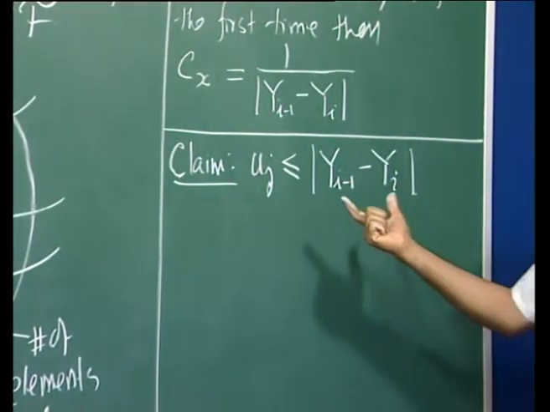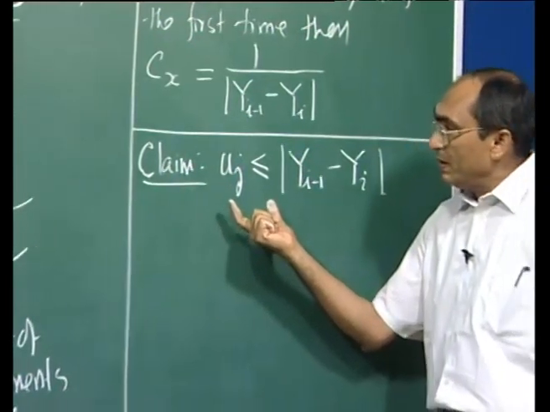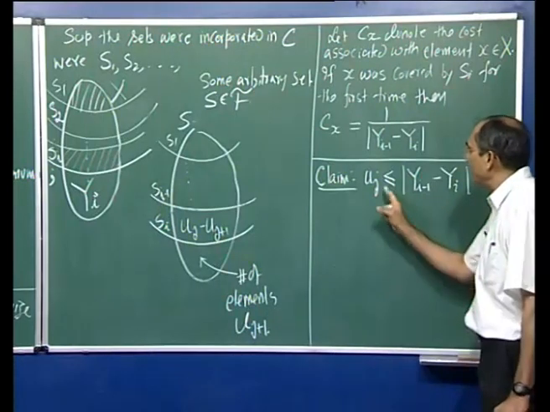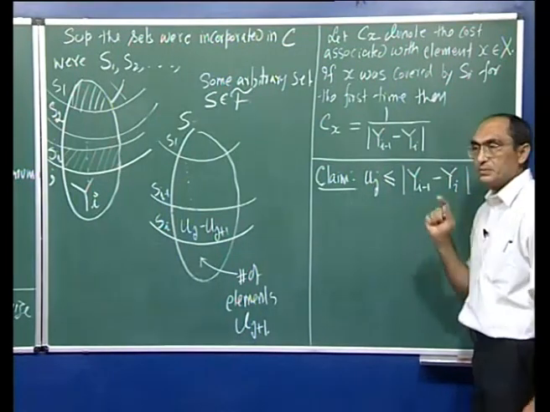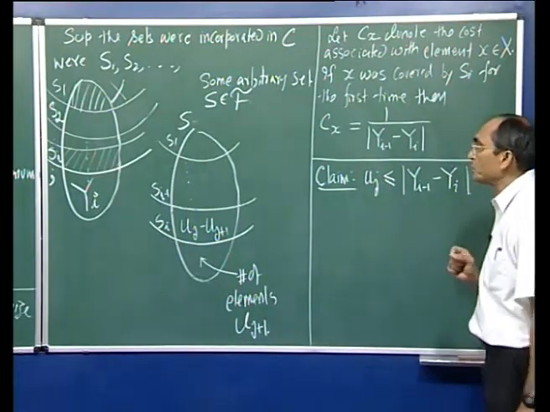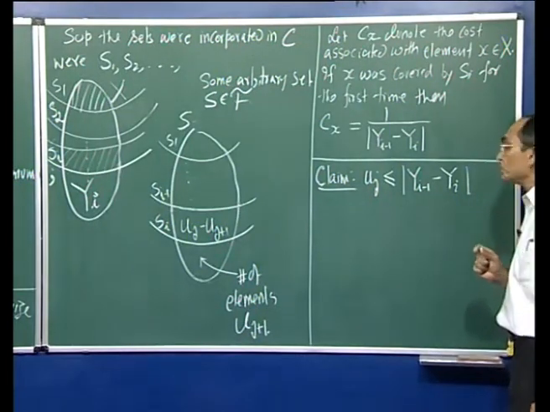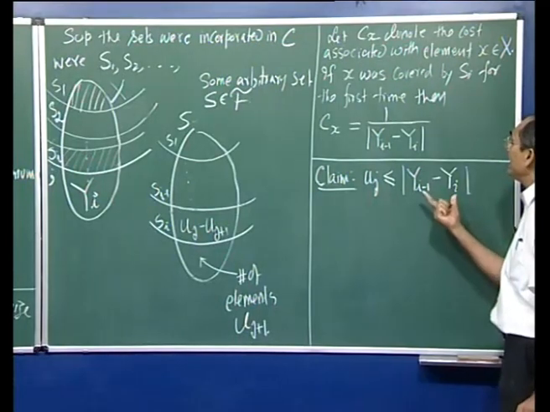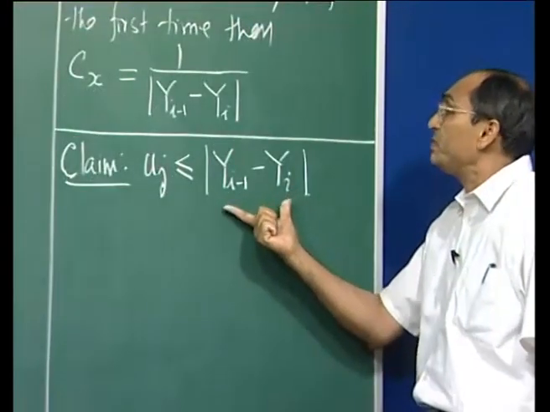So, let me repeat quickly. If I had chosen S instead of Si, I would have covered uj new elements. I chose to incorporate Si in the cover, and that covered this many new elements.